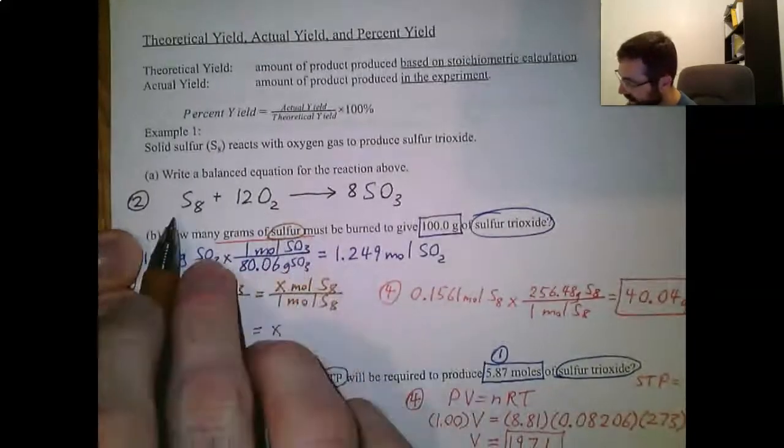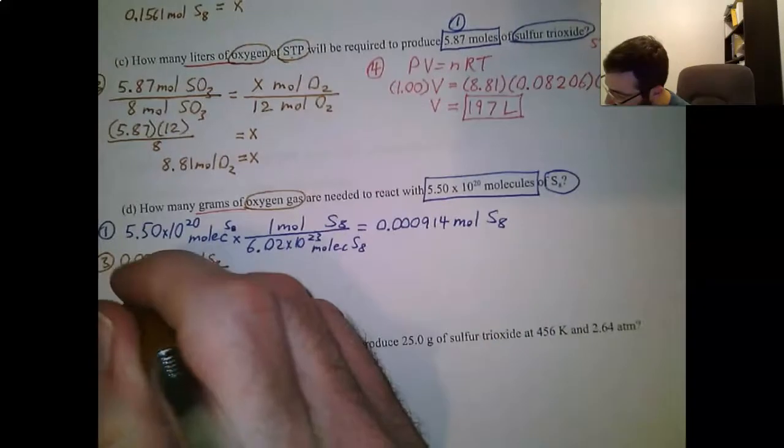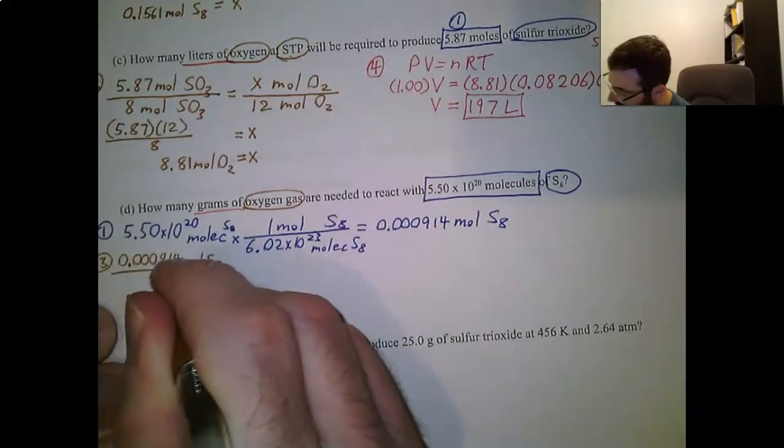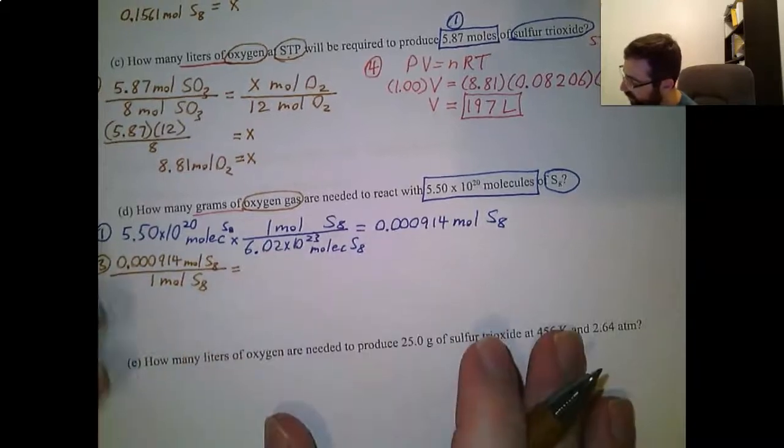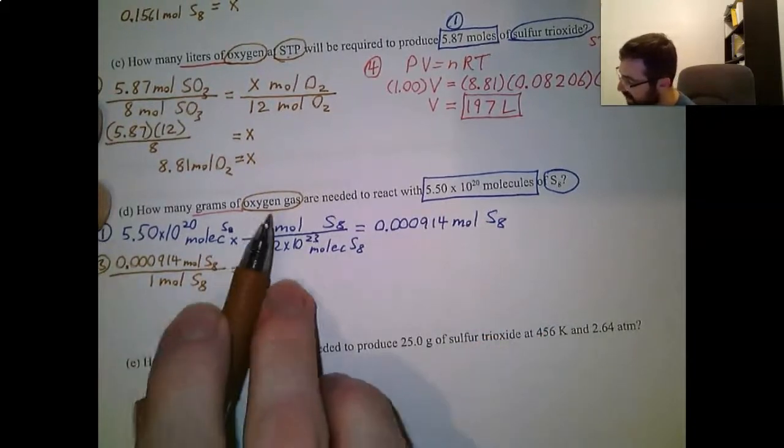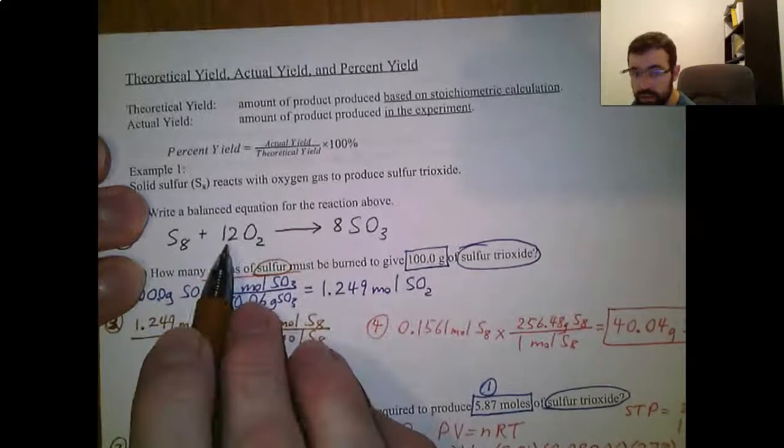And again, S8 has a coefficient of 1, so 1 mole of S8, and then equals, we're looking for oxygen gas, so it's going to be X over 12.